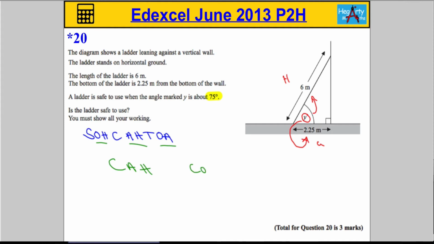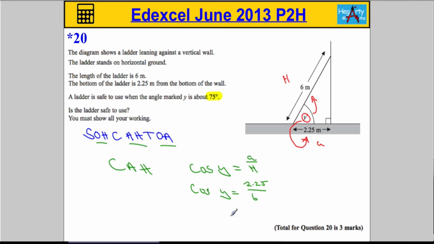So we know that cosine of the angle, or cosine of Y in this case, must equal the adjacent over the hypotenuse. And let's substitute, that means cosine of Y must equal adjacent, which is 2.25, hypotenuse is 6.